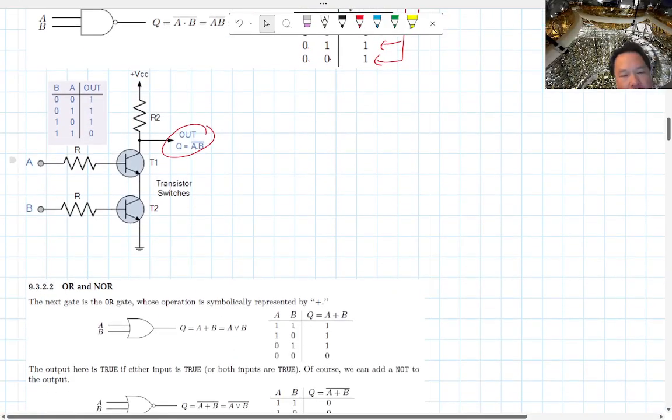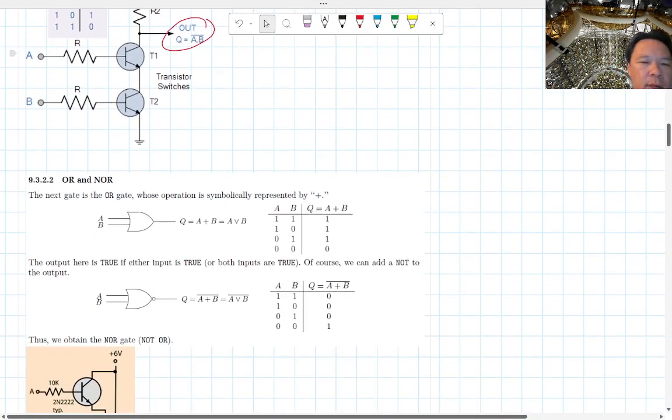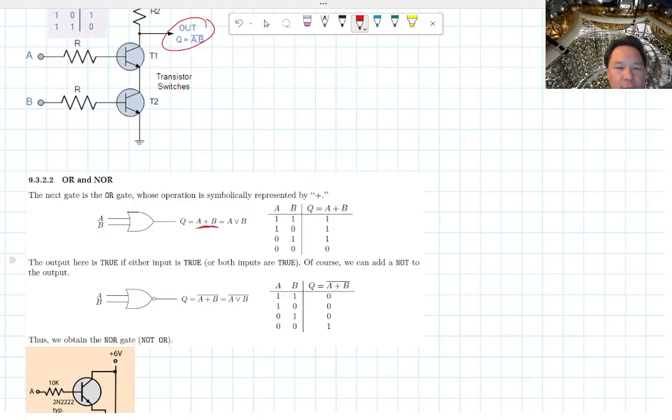The other gates that you'll see are OR and NOR. An OR gate basically adds two numbers together, which is not exactly that. We're going to see an exclusive OR, and that's actually going to be the best plus symbol that we can use. But the truth table is that if A and B are both high, an OR gate gives you high, because it only cares if one of the inputs is high.